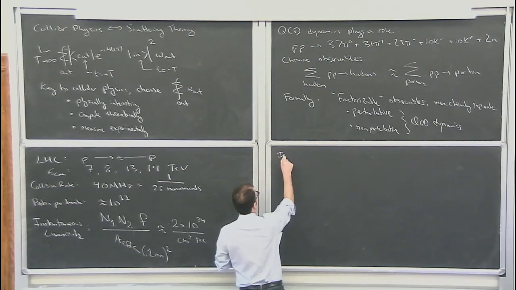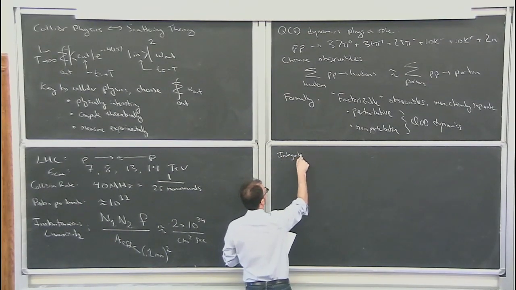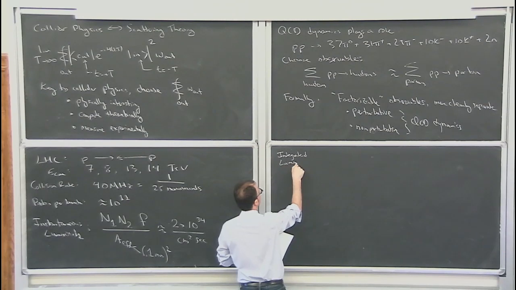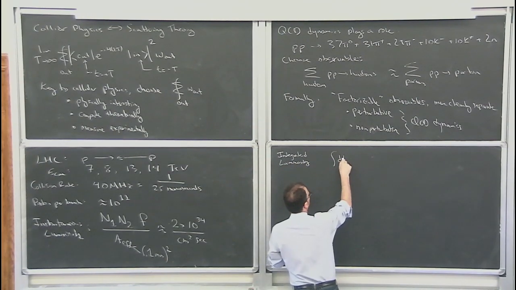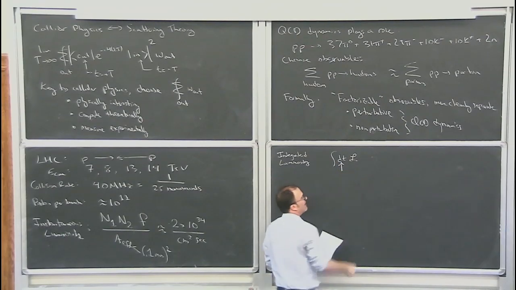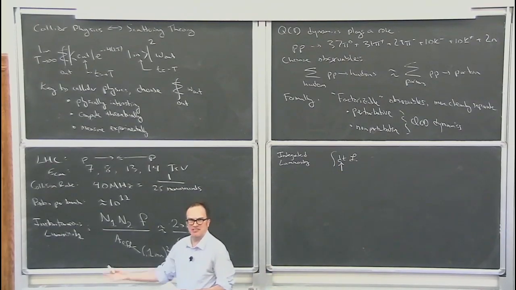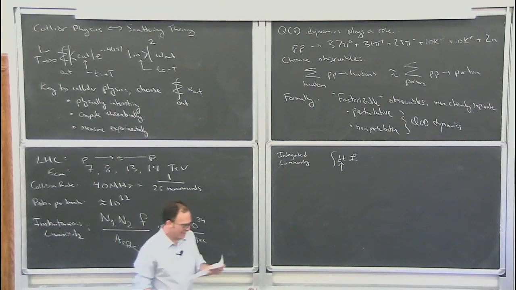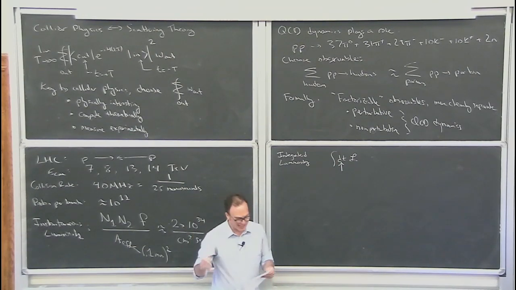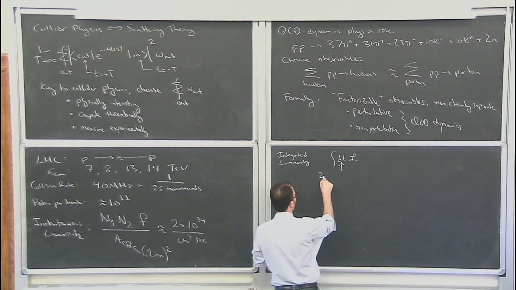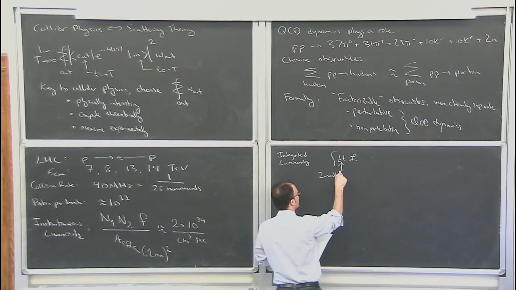And then we talk about integrated luminosity. That's just taking your beams and running them, and ideally over the course of a year your beams would always be on. But this is like the actual uptime that you're actually colliding beams, which is roughly something like 2 months per year.